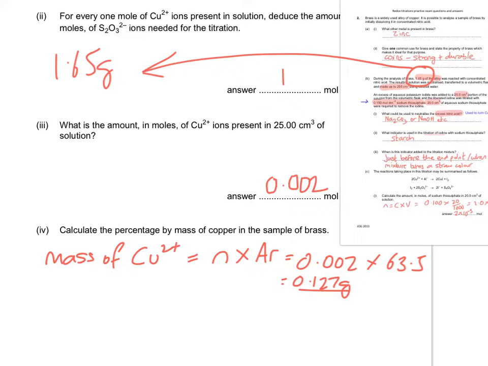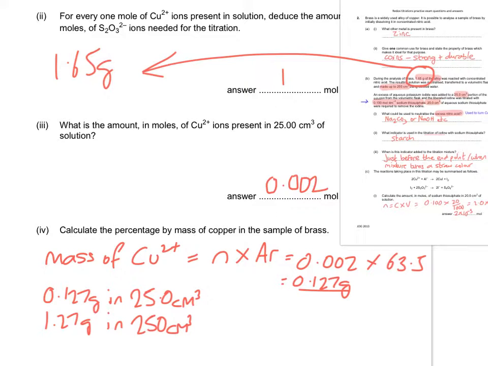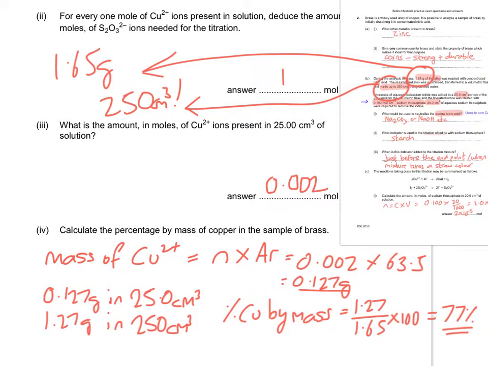It was 1.65. But we also need to remember that the 0.127 grams only refers to 25.0 centimeters cubed. It was made up to 250. So I've just circled that to remind you. So that means there's 1.27 grams dissolved through the sample in 250. So the percentage by mass gives me 77% rounded to the nearest whole number.